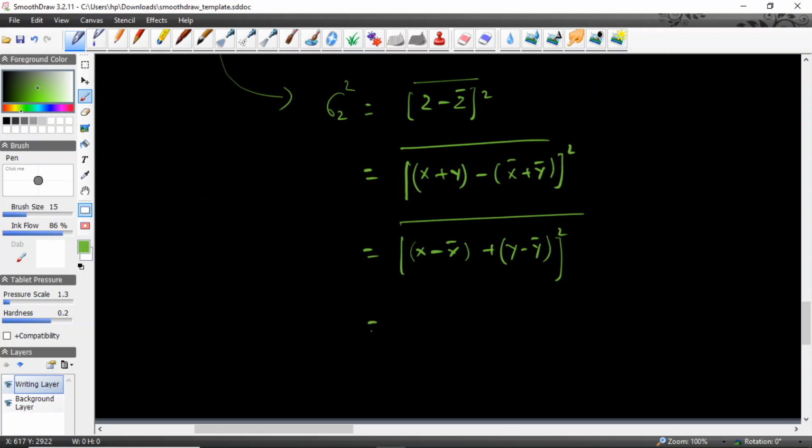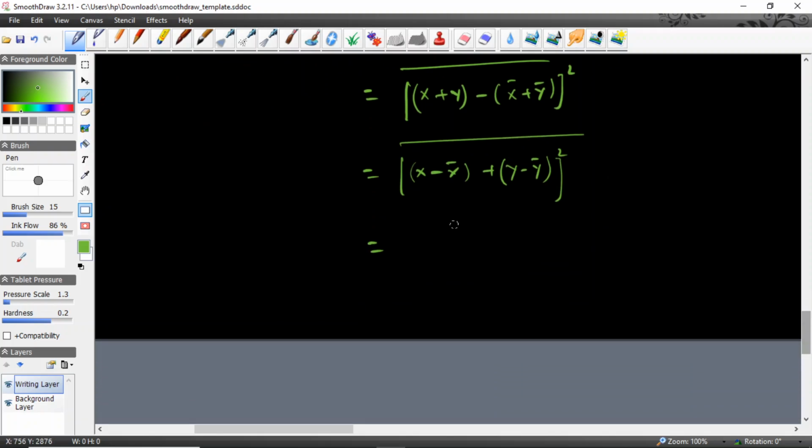And you can use here (a plus b) square, it will become the mean value of (x minus x bar) square plus the mean value of (y minus y bar) square plus twice the expected value of (x minus x bar) into (y minus y bar).